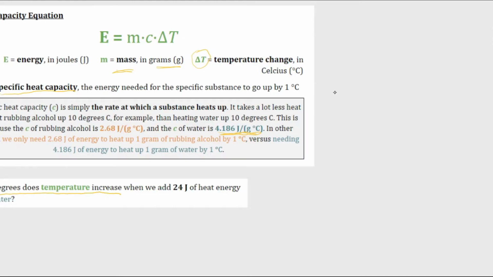This is telling us that 4.186 joules, we'll go into that in just a second, increases the temperature by 1 degree Celsius. So if something is at 0 degrees, 1 gram of water is going to increase by 1 degree Celsius.